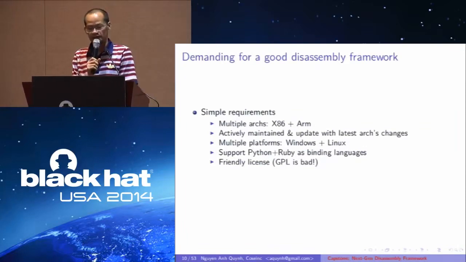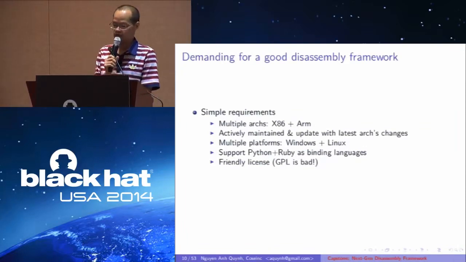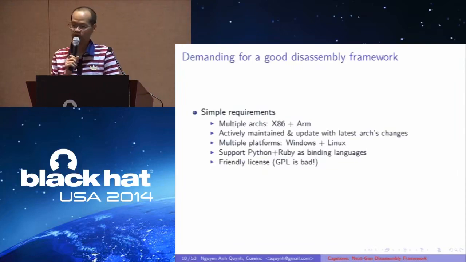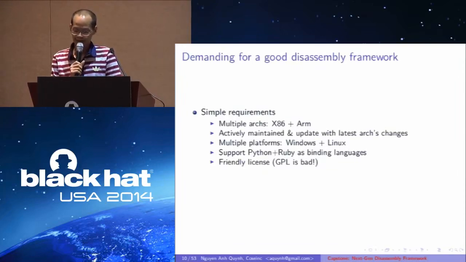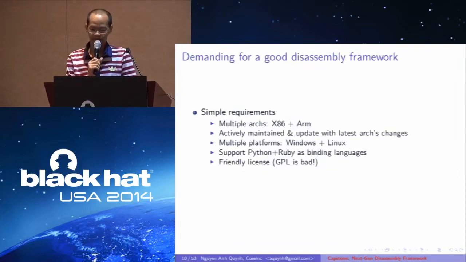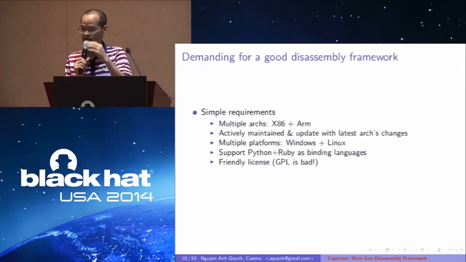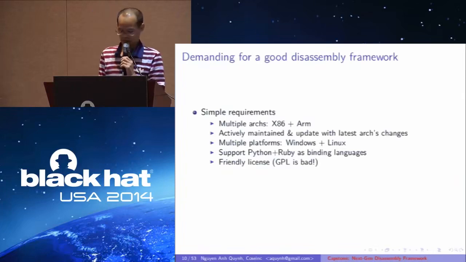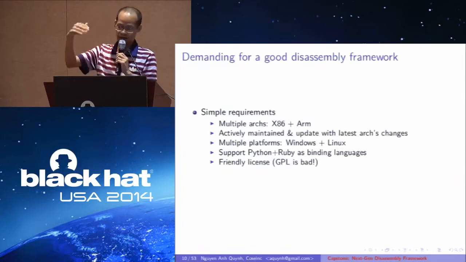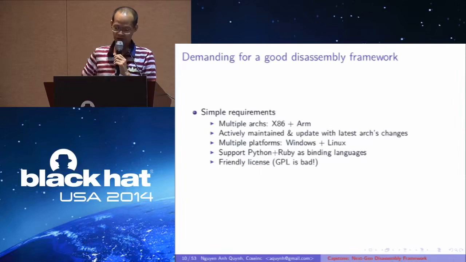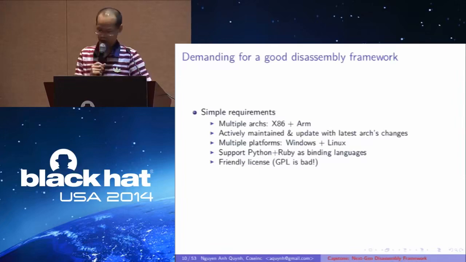So here are my demands for a good framework, which I tried to look for last year. I want x86 and ARM. I want something that's actively maintained and updated with the latest changes in every architecture, in x86 and ARM, because x86 they extend the architecture very frequently, and that also happens with ARM.